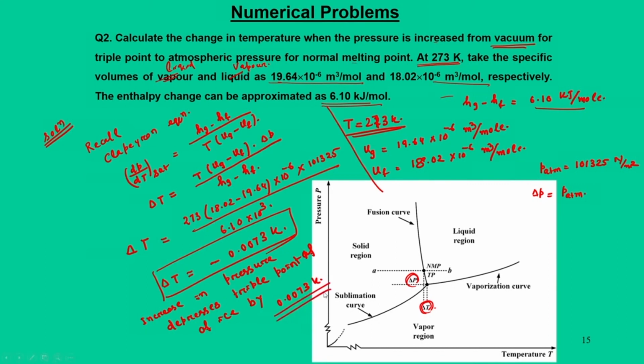This happens because one is the normal melting point and the other is the triple point. Ideally it should have been located at this point, but due to this pressure change it is located a little bit lower than the normal melting point on this fusion curve, and this difference is 0.0073 Kelvin for this data.